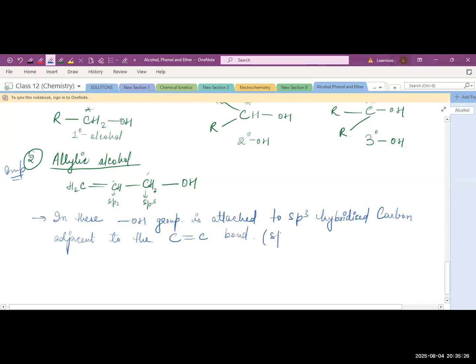Or you can write sp2 hybridized. And you can write an example here. CH2.